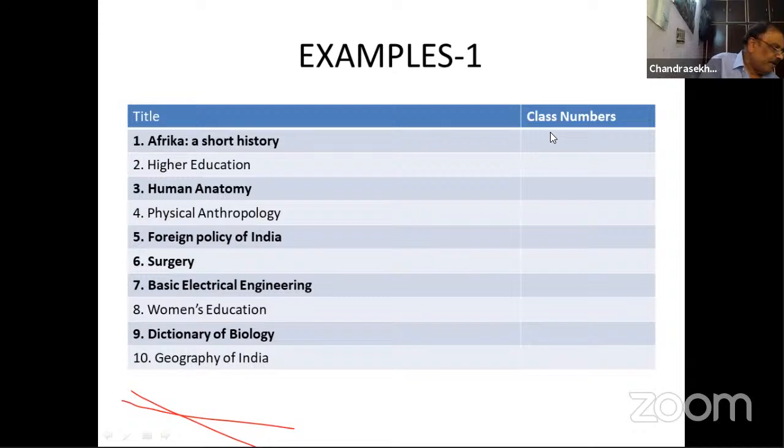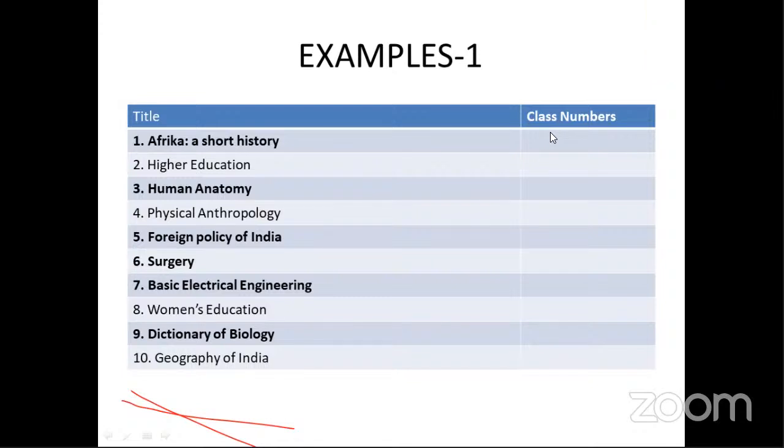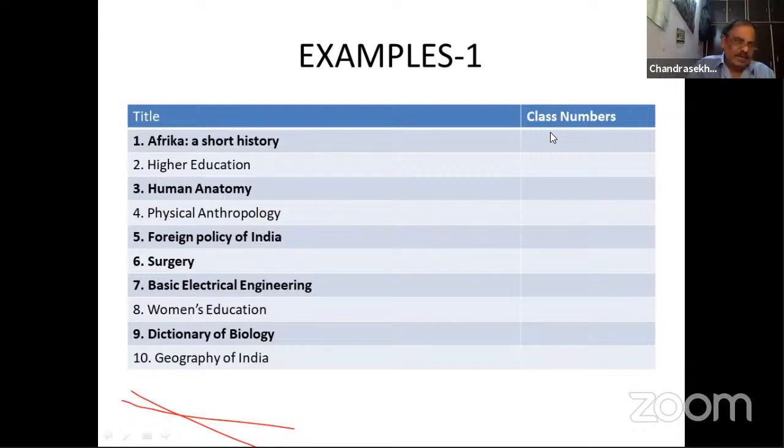So let us find out from the index. In such cases, when it's not there in the summary, let us see the index, whether a direct number is already there or not.